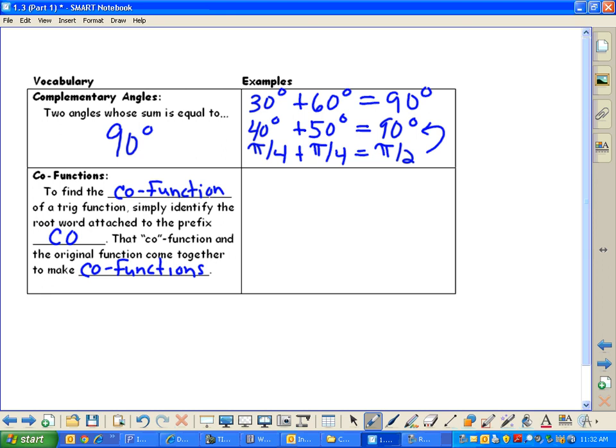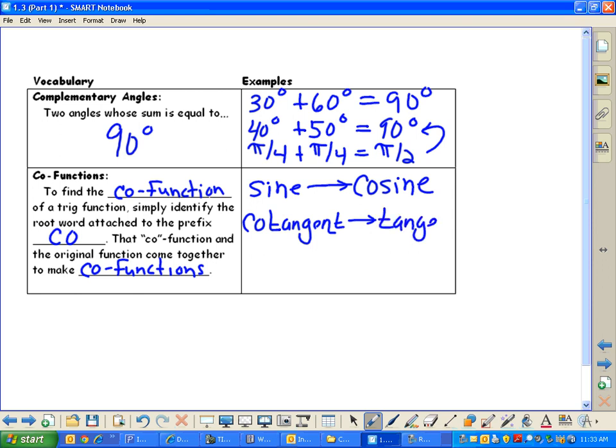If you want to know the cofunction for sine, the cofunction of sine is cosine. If you want to know the cofunction for cotangent, that's just tangent. And we have one other.